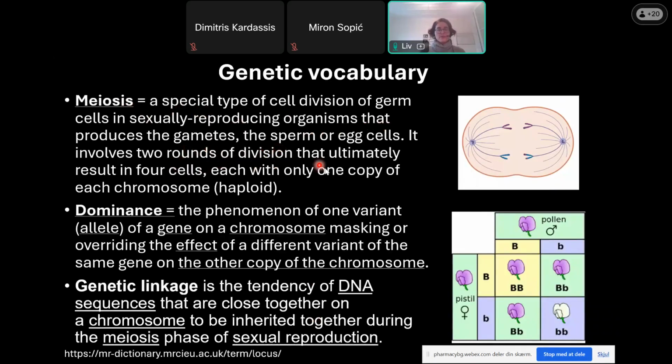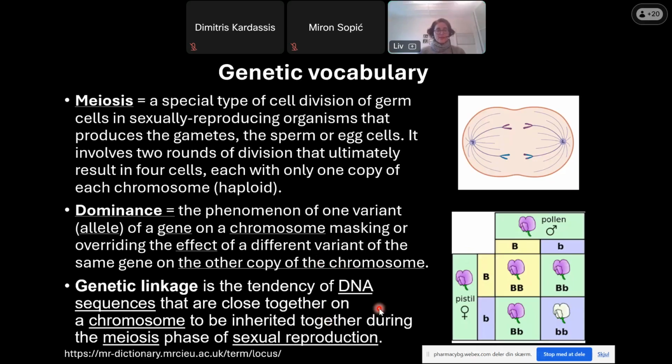It involves 2 rounds of division that ultimately result in 4 cells, each with only 1 copy of each chromosome, so they are haploid, and that's illustrated here. And dominance is the phenomenon of one variant or allele of a gene on a chromosome masking or overriding the effect of a different variant of the same gene on the other copy of the chromosome. That's illustrated here.